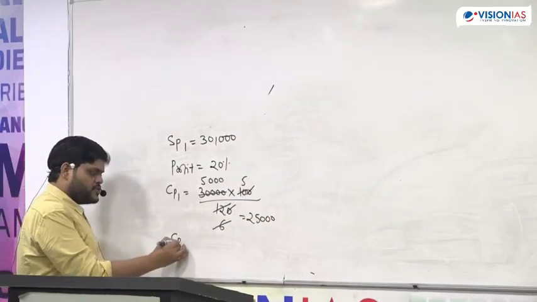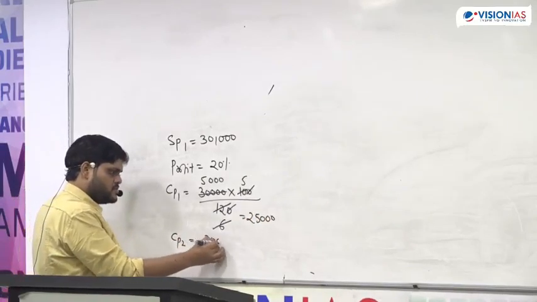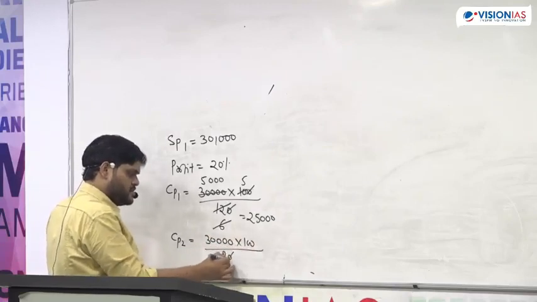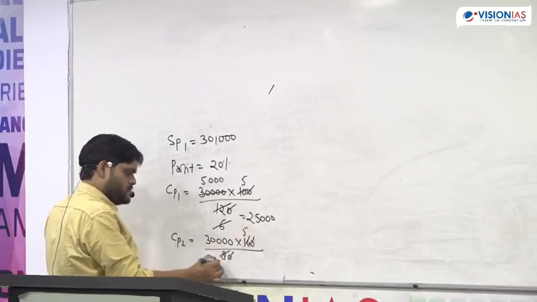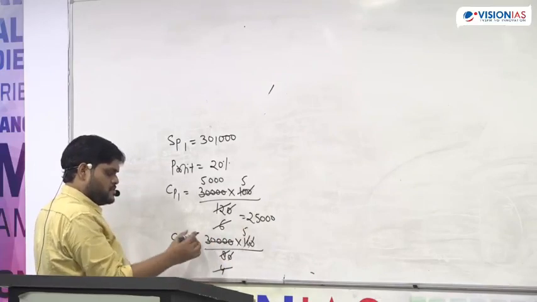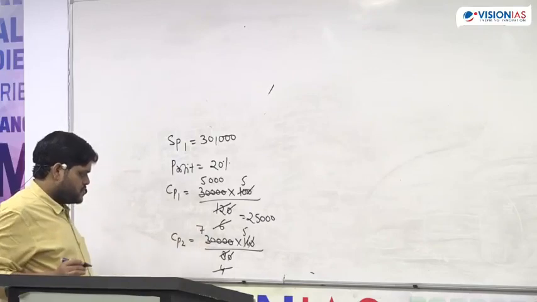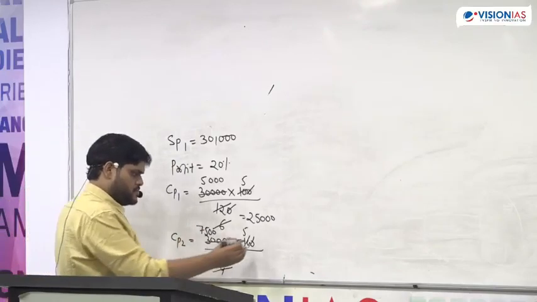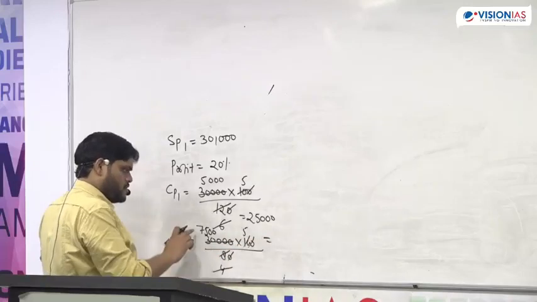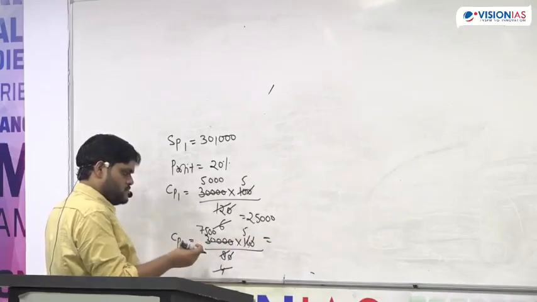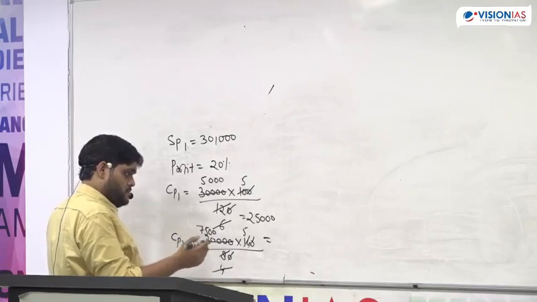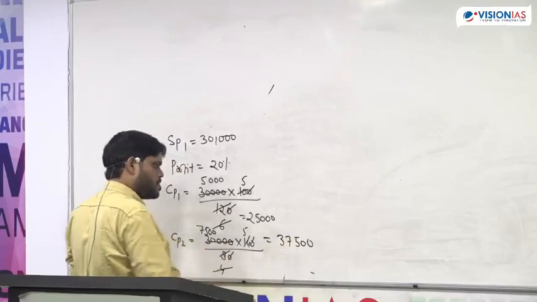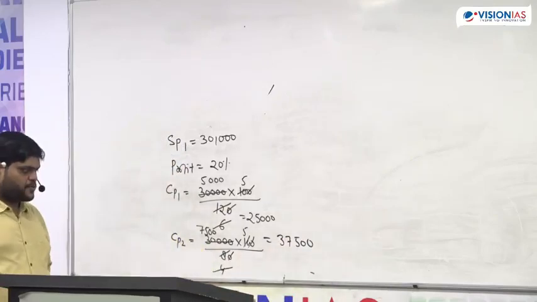Similarly, CP2 is equal to 30,000 into 100 upon 80. Okay, this is your CP2.